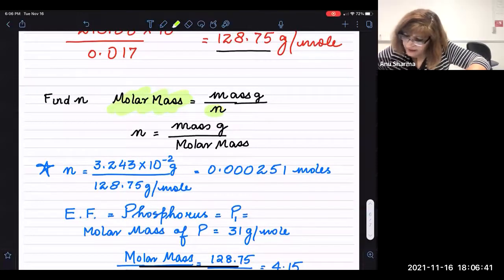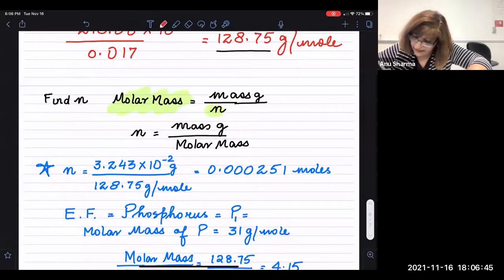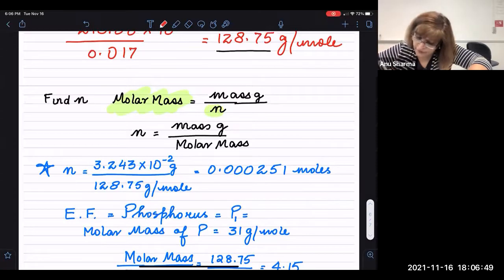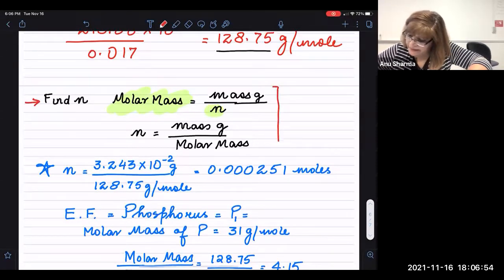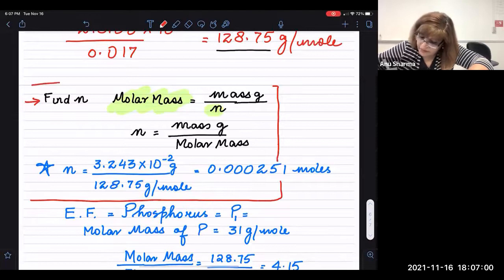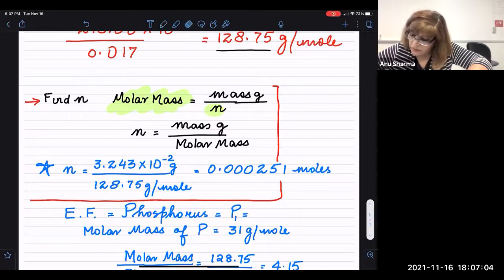I was overthinking too much. So finding N in this case, this method of finding N, which is the number of moles, you can discard this. This is not needed. Like I said, I was overthinking on this one. So just put here, discard this step.